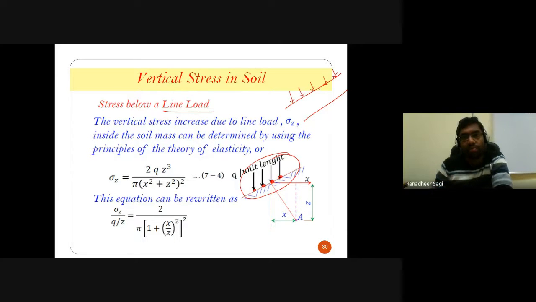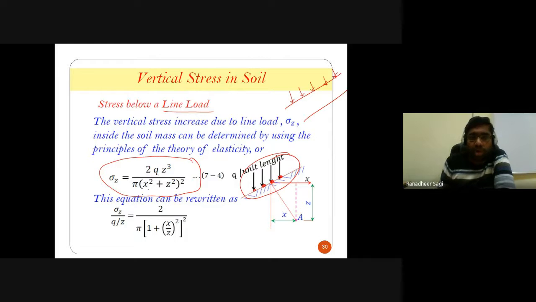So what we can do is integrate the earlier expression over the length over which that series of point loads was acting on the ground surface, and the expression he has given is sigma z is equal to 2 into q into z cube by pi into (x square plus z square) whole to the power of 2.